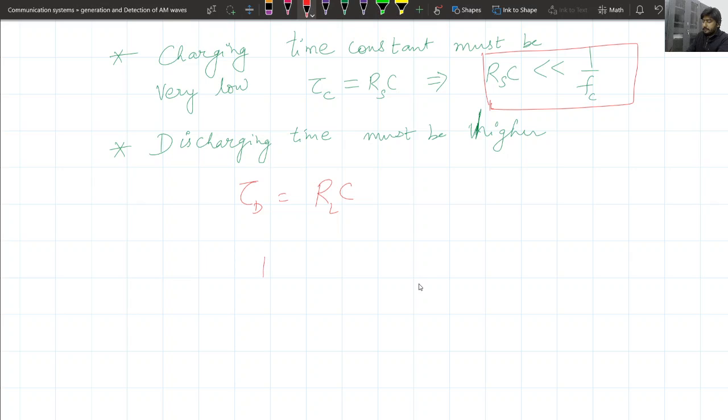The discharging must not be very high or very low.